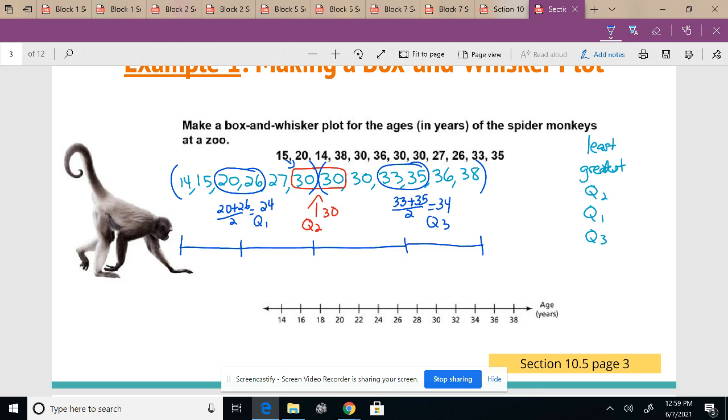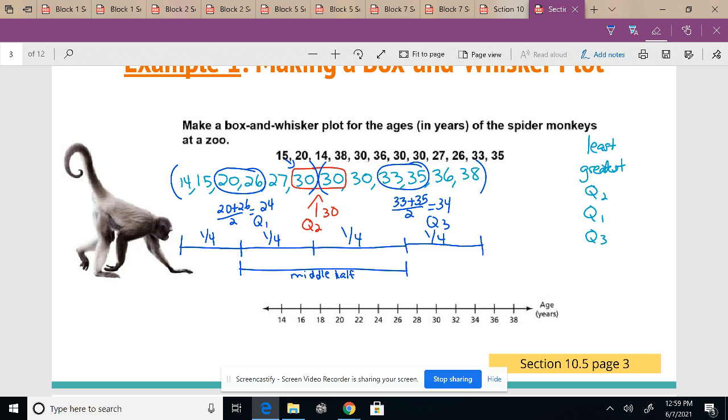If you look at that, they look pretty perfect. This is 1/4, this is 1/4, this is 1/4, this is 1/4, and that equals a whole, okay? You're going to see that everything is in quarters. So from here to here is your middle half. That's your middle half, okay?